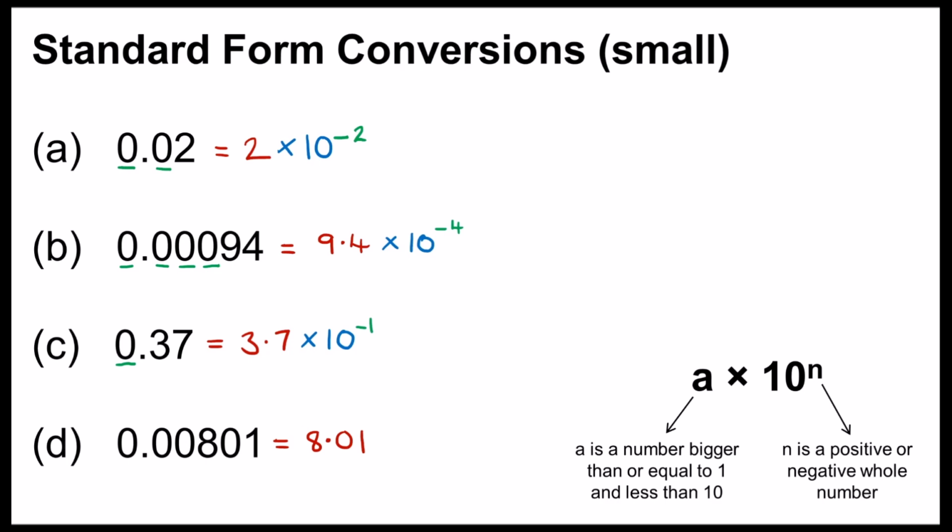That's because it comes after the zeros at the front. The next thing we need to do is put in our multiply by 10. And then count the zeros at the front of our number, which means our power is going to be minus 3. Remember, it's a negative power because we're dividing by 10 instead of timesing.